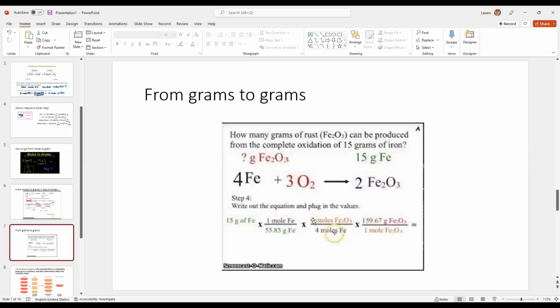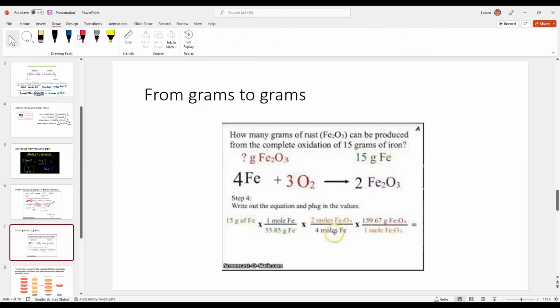And then you use the ratio 4 moles of iron produced 2 moles of the iron 3 oxide. And using the molar mass of iron 3 oxide, you can get the mass of iron 3 oxide that is produced.